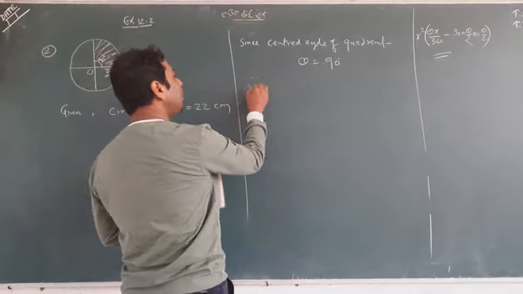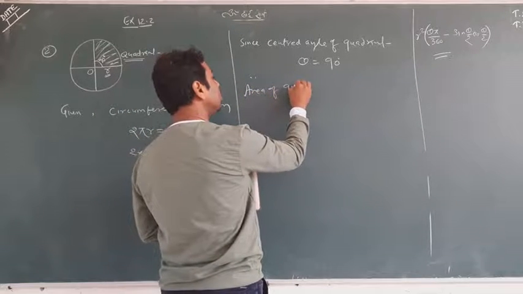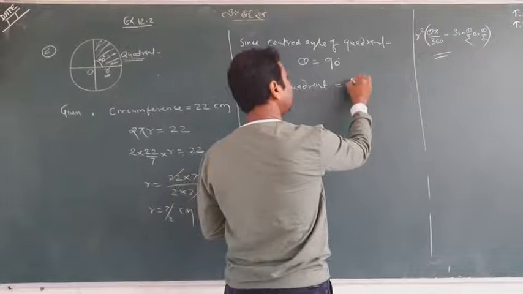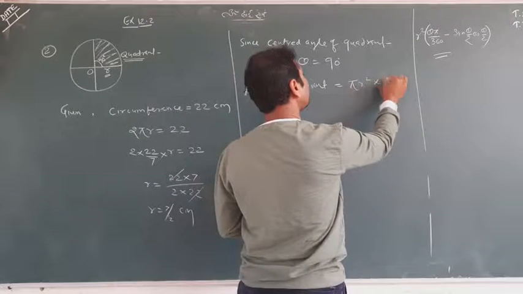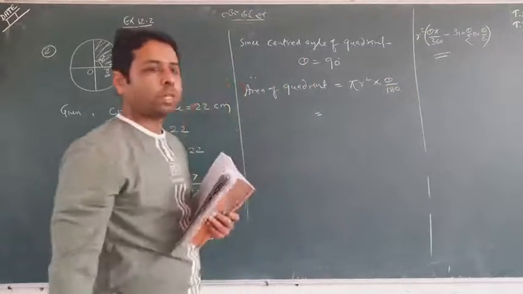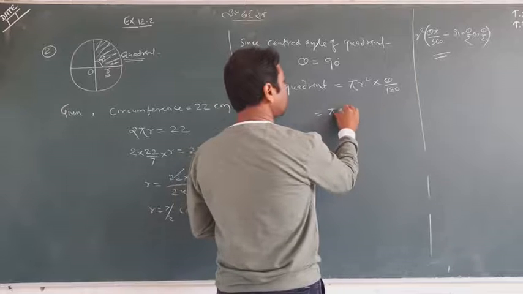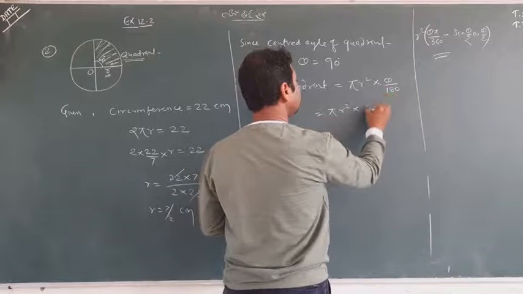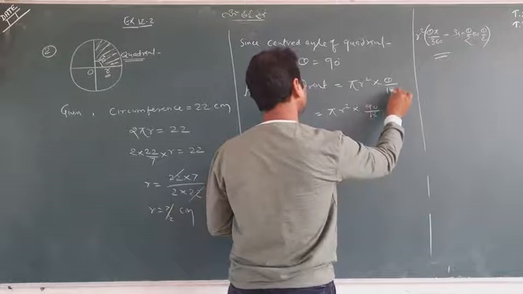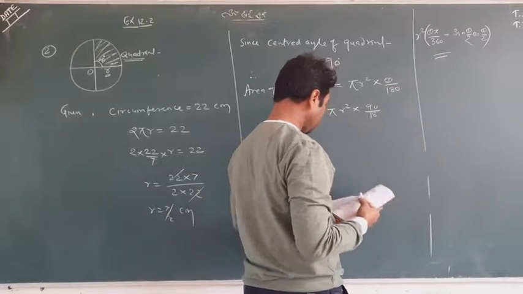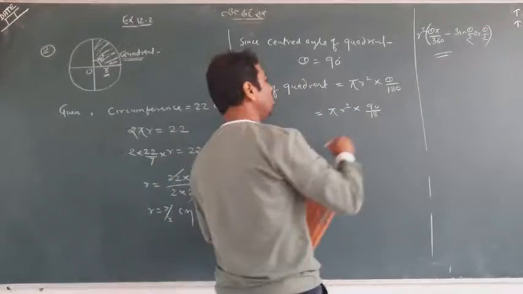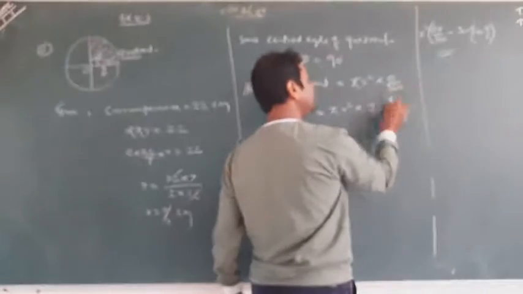So I will go with the area of the quadrant, which is actually the formula you know, pi r square theta upon 360. Theta equal to 90 upon 360. I wrote 180 earlier, but it was theta upon 360.